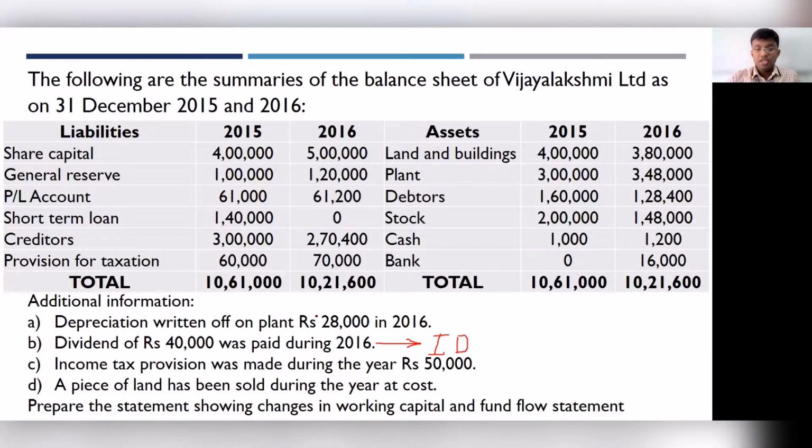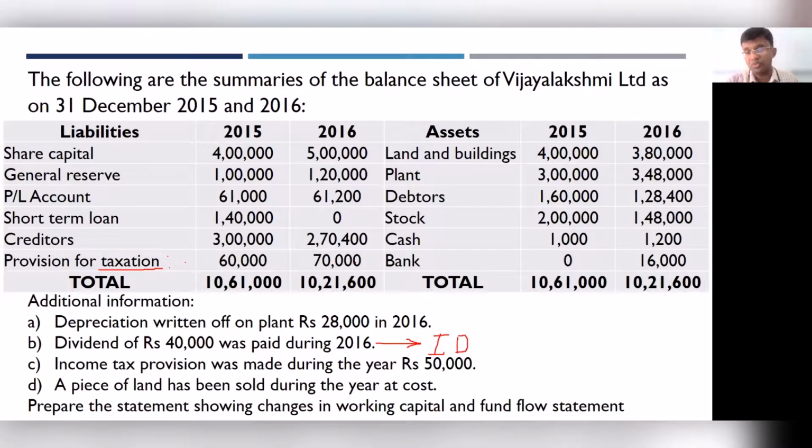Income tax provision made during the year was rupees 50,000. So what does that mean? You have provision for taxation, which is given to us in the question. Along with this provision, you have gone about adding some more money. The opening balance in 2015 was 60,000. To this, you have added another 50,000.